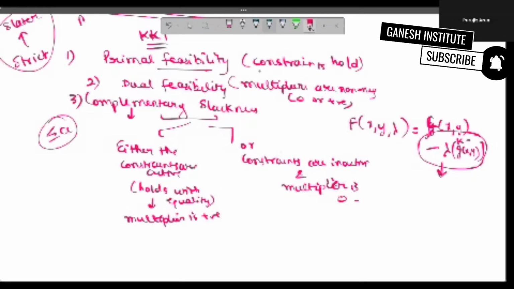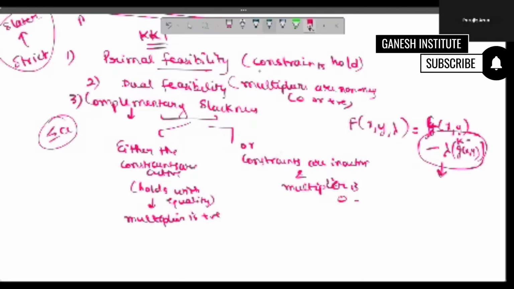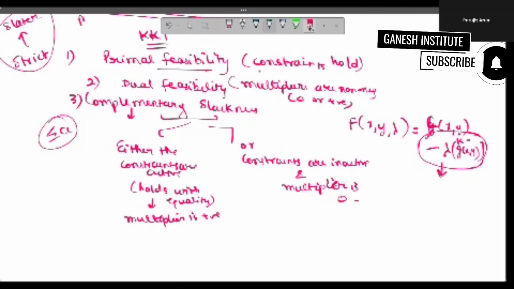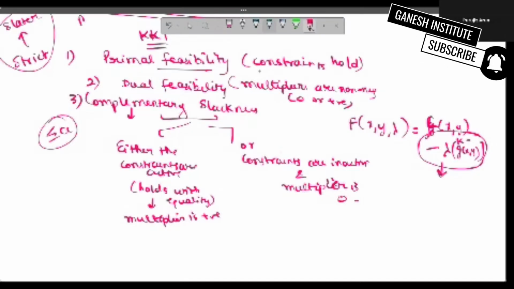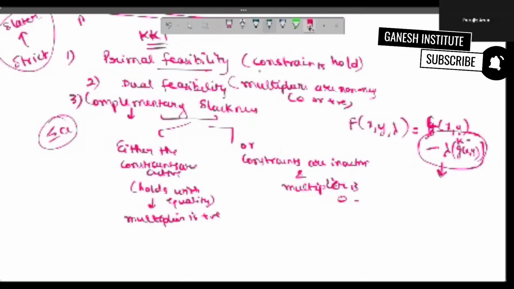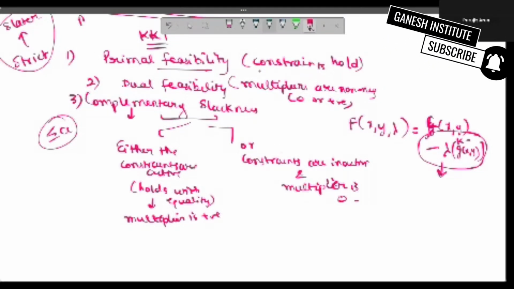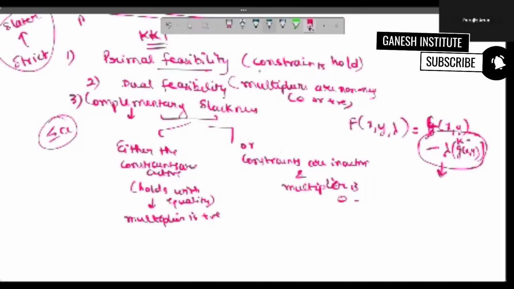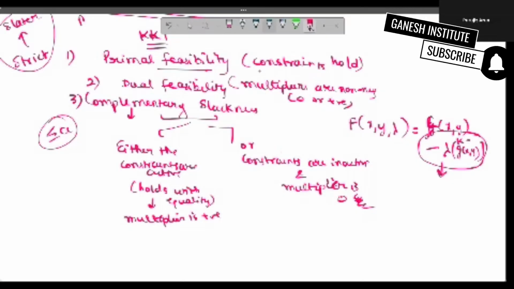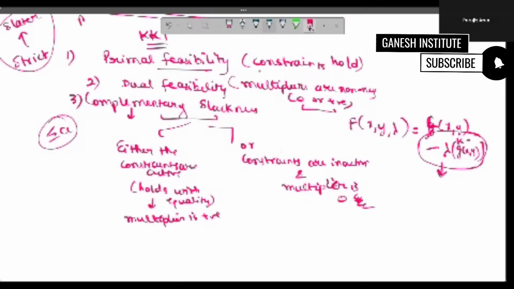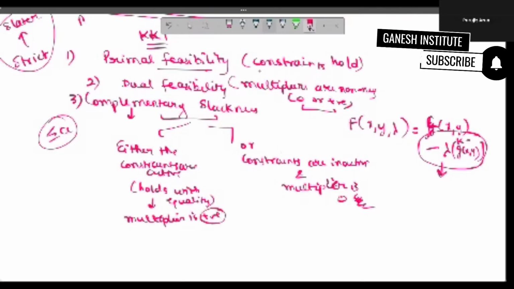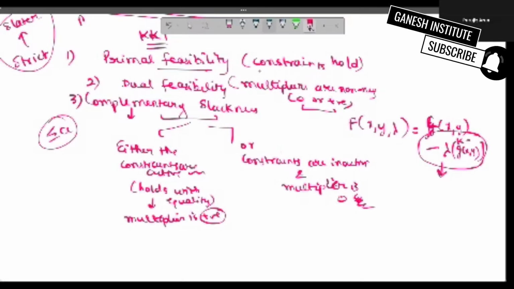Or constraints are inactive and multiplier is 0. Is it 0 or negative, ma'am? 0 or positive. This is not anything else, because we have only the case of 0 and positive feasibility. So the multiplier will be positive when constraints are active.